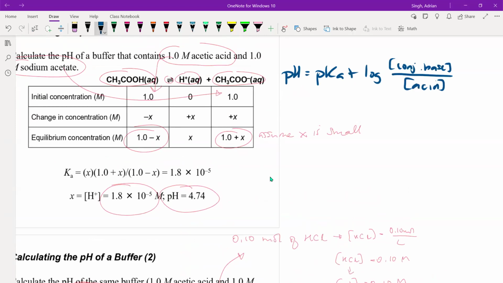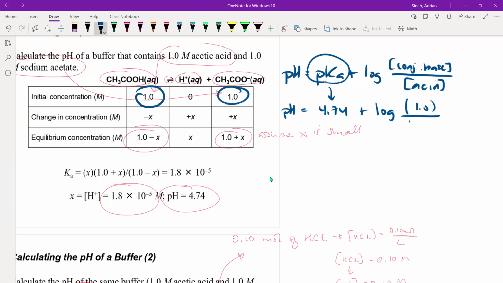We know the pKa, we've calculated that already because this is acetic acid. That's 4.74 plus the log. The conjugate base concentration here is 1, the acid is also 1. 1 divided by 1 is 1. So what is the log of 1?